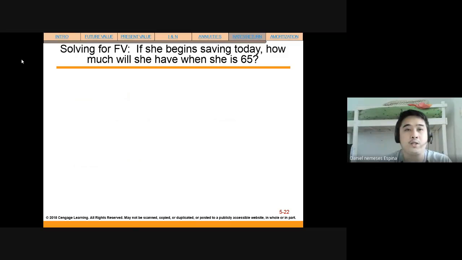We already know it's a retirement fund, so it's a future value. And since she's paying at the end of the year, that's an ordinary annuity, so you use the future value ordinary annuity formula. If she begins saving today, how much will she have when she is 65?